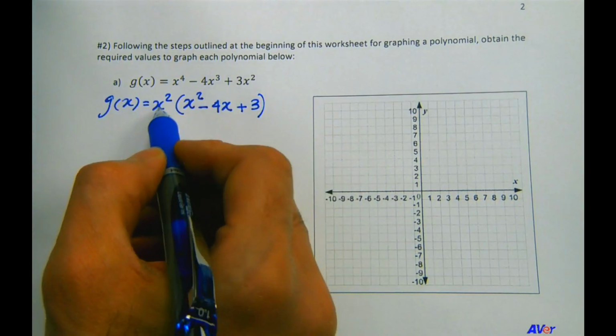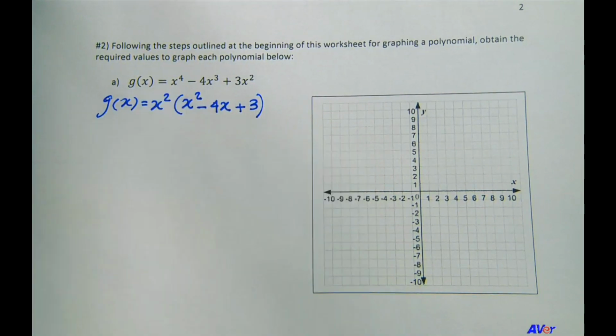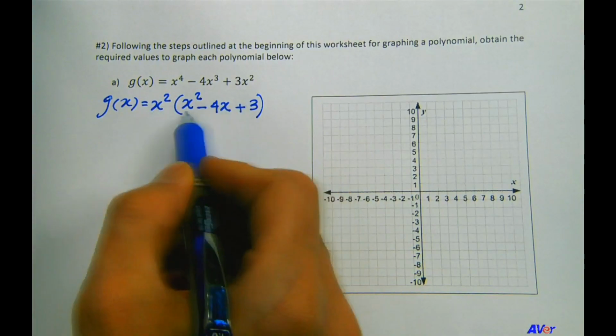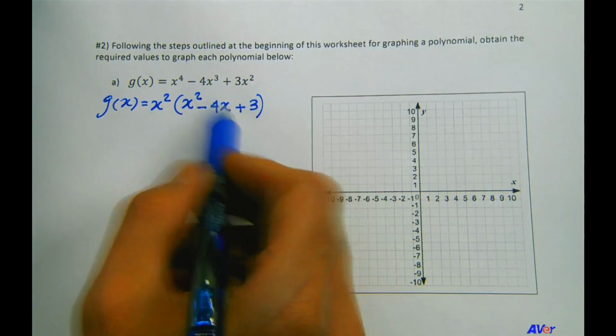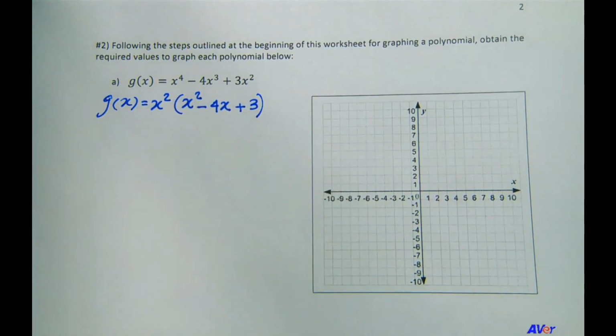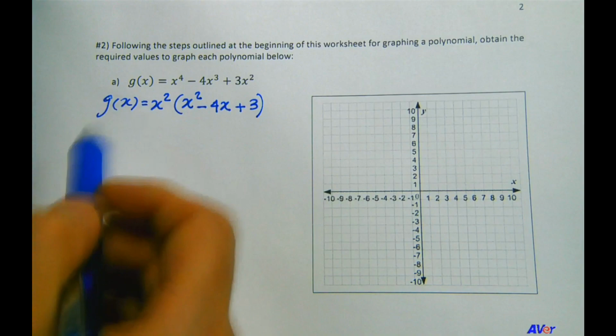Remember, factoring is the opposite of the distributive property. So if you distribute this back into this parentheses, you should get the original expression back. If you don't, then you have to adjust your factoring, right?